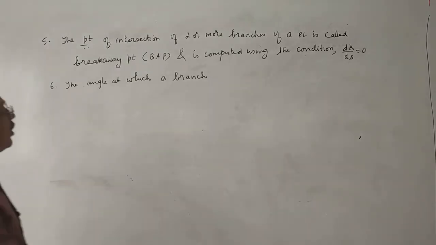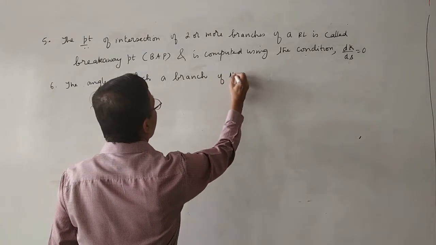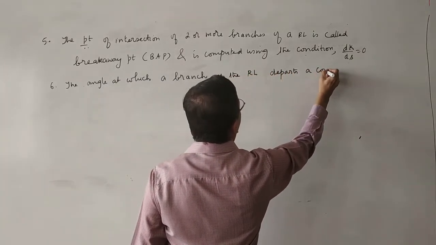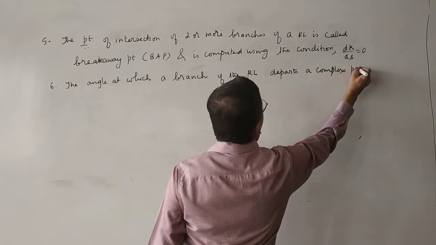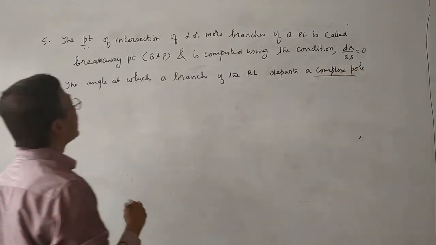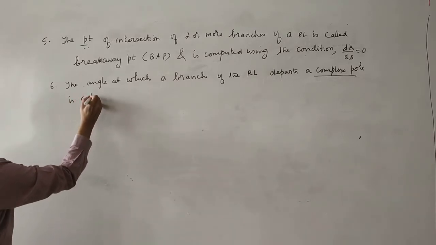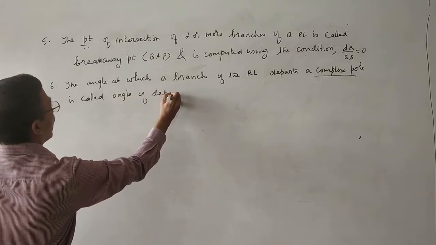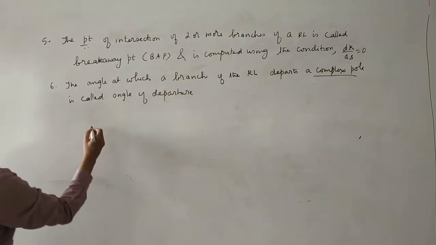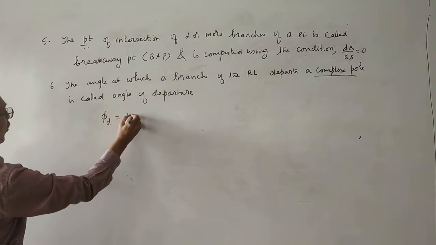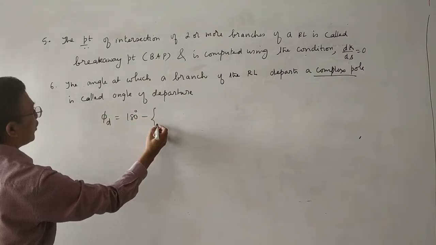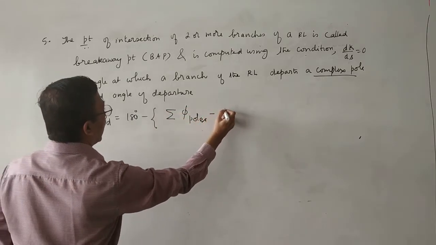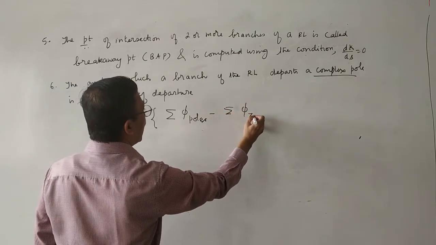The angle at which a branch of the root locus departs a complex pole is called angle of departure. It is calculated with the formula: angle of departure is equal to 180 degrees minus sigma angle made by poles minus sigma angle made by zeros.